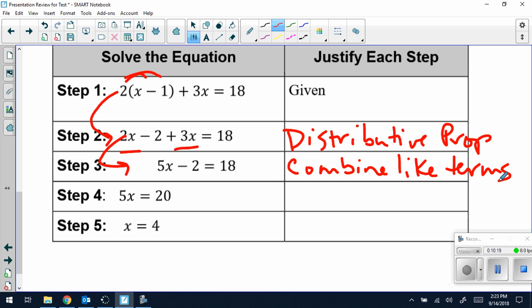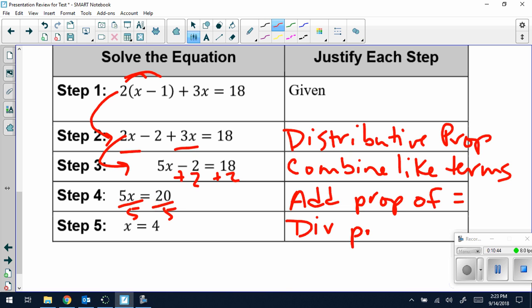Basically, I simplified the left-hand side in those 2 steps. Step 3 to step 4, the minus 2 disappeared because I added 2 to both sides. That's the addition property of equality. And then step 4 to step 5, the 5 disappeared because I divided by 5. That's our division property of equality.